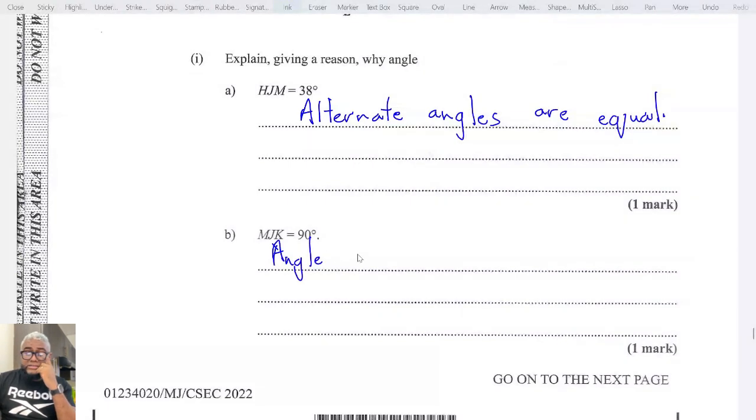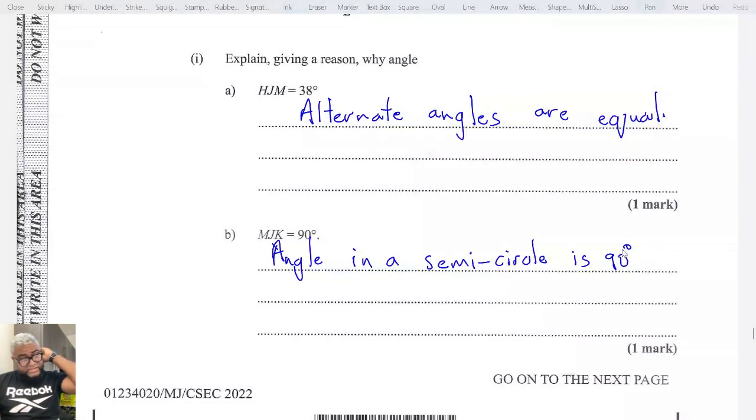So write down these two things as your answer. Angle in a semicircle is 90 degrees, right? Angle in a semicircle, not angles, angle. Right, everybody good here? Yes.